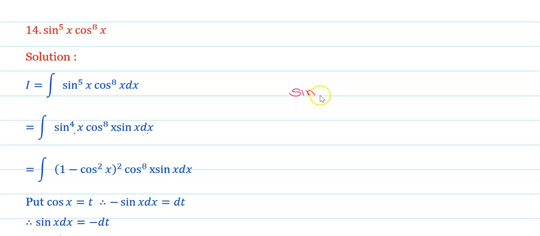Therefore sin of x raised to 4 can be written as sin square x, bracket square. But what about this sin square x? It means 1 minus cos square x, bracket square, into cos of x raised to 8 into sin x into dx. Put cos x is t, and therefore its derivative, minus sin x into dx, is dt.